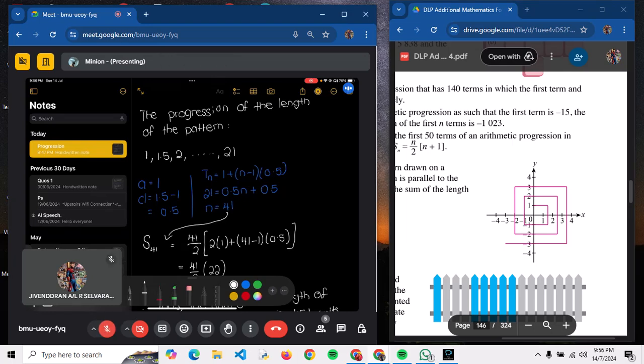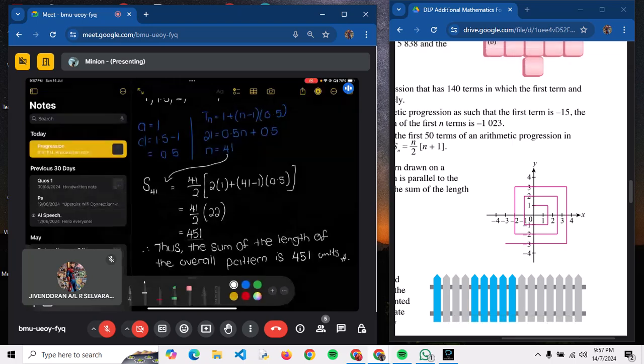So Tn equals 1 plus n minus 1 close bracket 0.5. We haven't solved yet, so we don't know the n yet. So 21 equals 0.5n plus 0.5. Then n will be equivalent to 41.